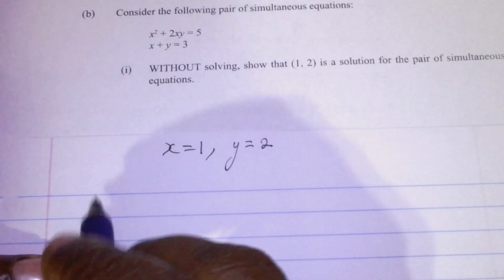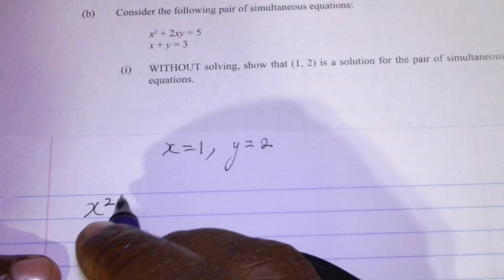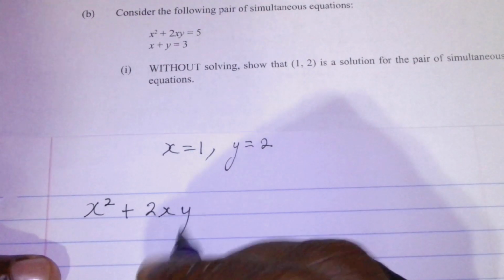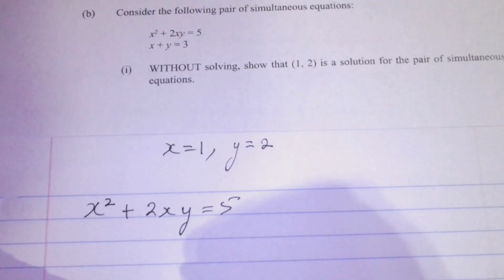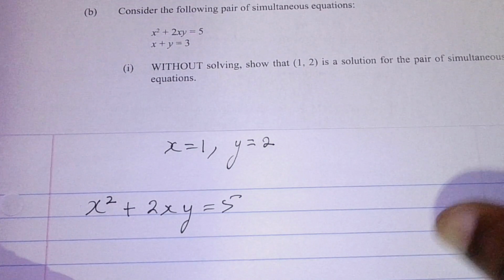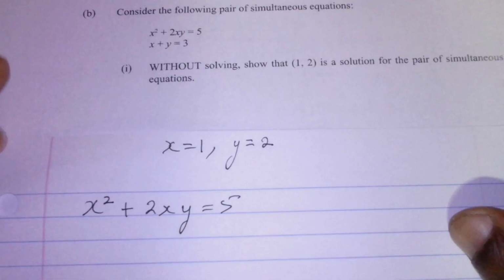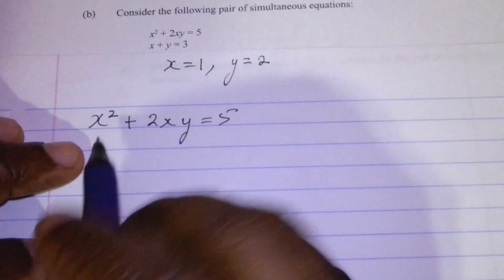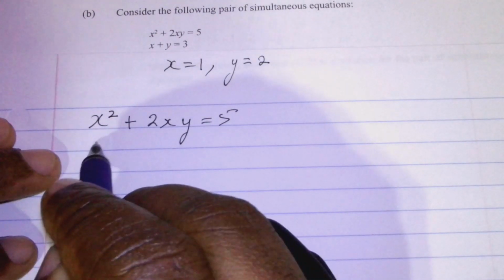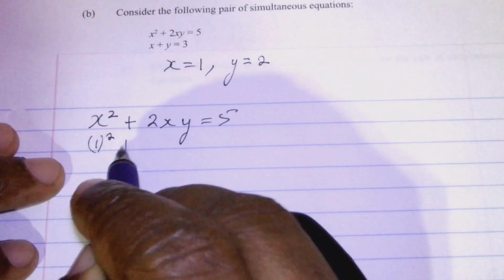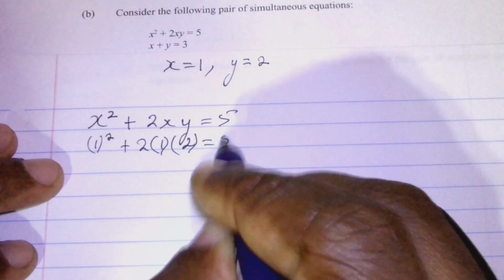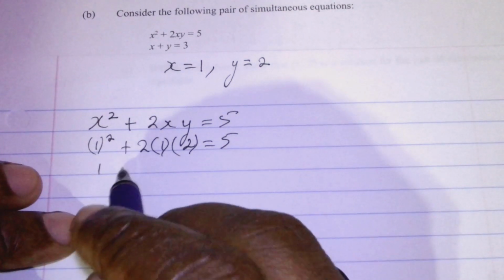So let's take the first equation and see if those two values satisfy the first equation. To determine whether those two values satisfy the first equation, what we need to do is substitute. Alright, so wherever we have x, we're going to put 1. Write back everything else. Wherever we have y, we're going to put 2. Write back everything else. That gives us 1.